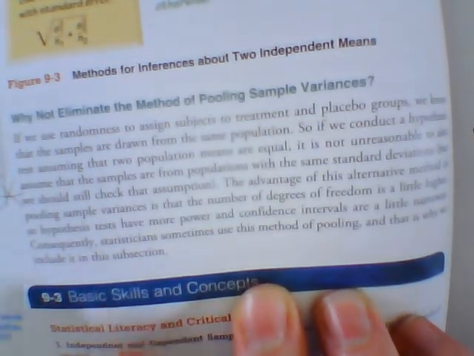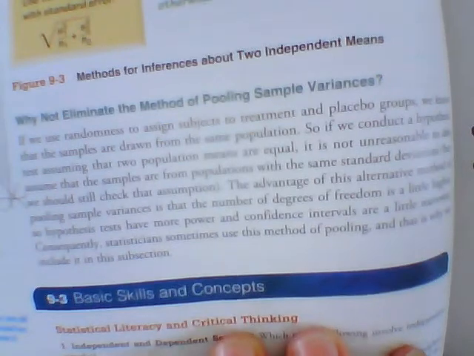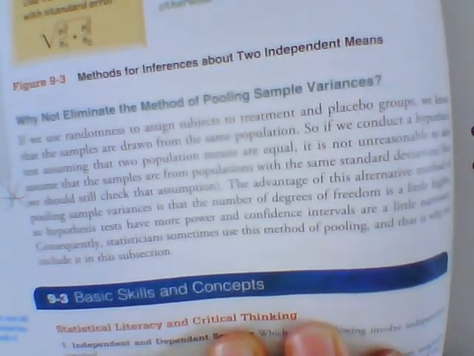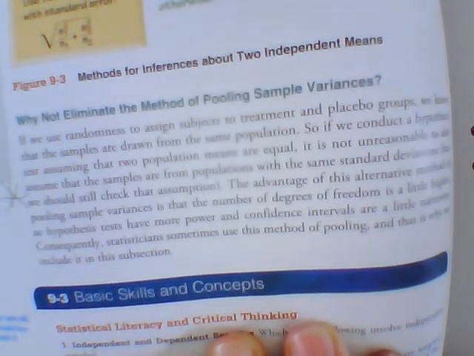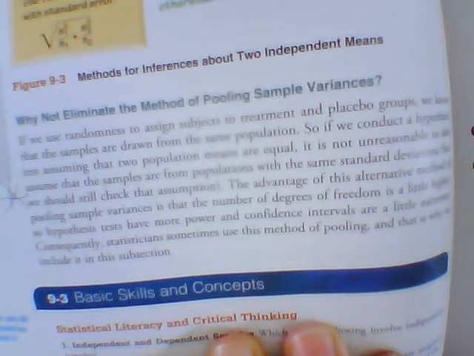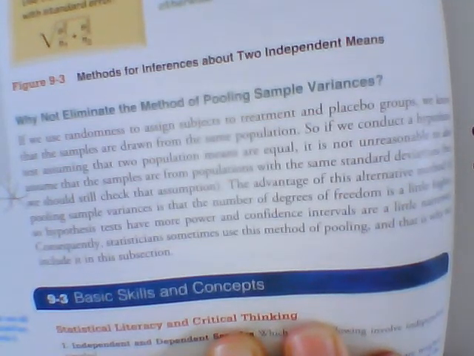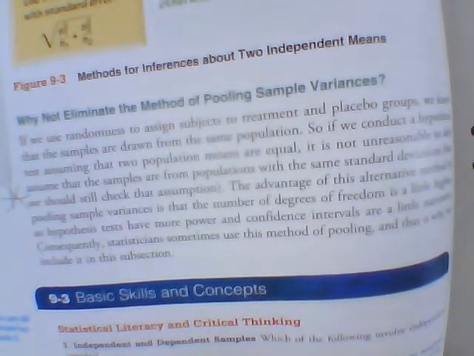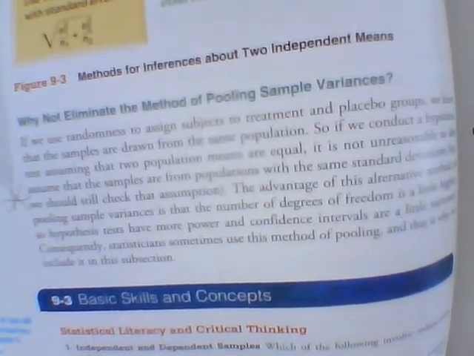But we should still check that assumption. The advantage of this alternative method of pooling sample variances is the number of degrees of freedom is a little bit higher, so the hypothesis test has more power and confidence intervals are a little narrower. Consequently, statisticians sometimes use this method of pooling, and that is why we include it in this subsection.